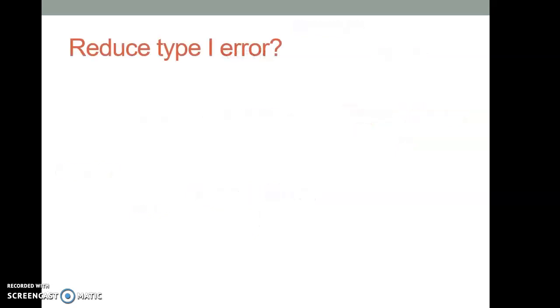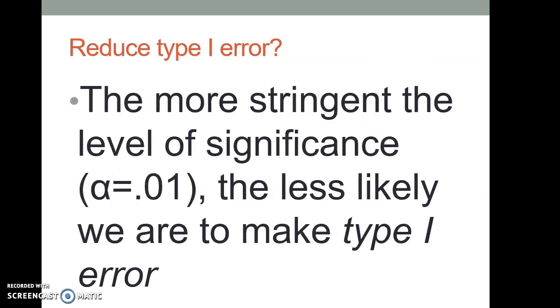So how do we reduce type 1 error? The more we make our alpha cutoff strict, the less likely we are to make type 1 error. So instead of saying our cutoff is 0.05 for us to decide that the result is significant, we make it more stringent and make it 0.01.